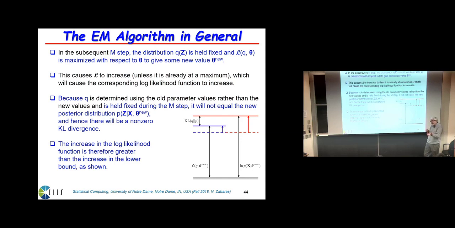Because if we're going to compute new parameters, Q will never match P because Q is defined with the old parameters. So like it or not, there's going to be a gap. So what is going to happen is the lower bound, when we optimize it with respect to the parameters, will go up, plus this gap, and then it will give me basically the new log likelihood, right? So that's the M step.